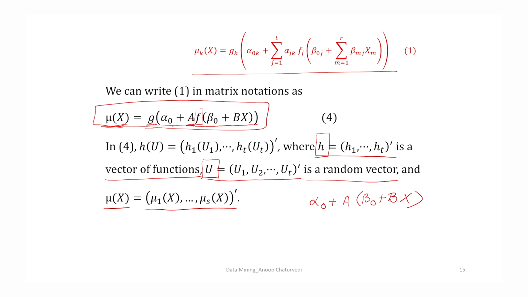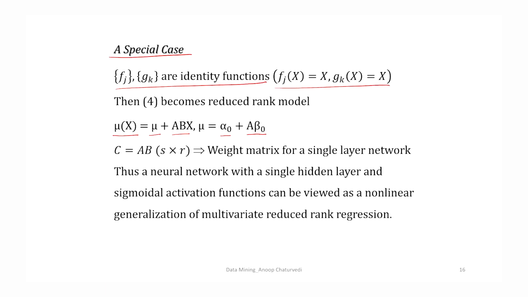Further, g of alpha naught plus A f of beta naught plus B x means g of this is equal to alpha naught plus A beta naught plus AB x. So, ultimately mu of x is equal to alpha naught plus A beta naught plus AB x.